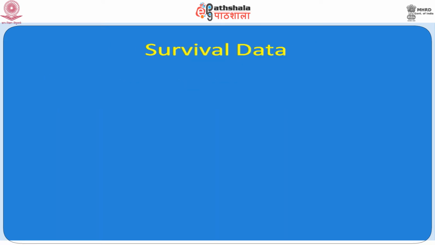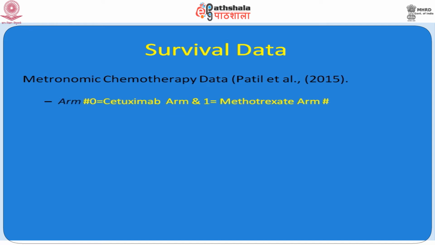This survival example data is taken from the paper on metronomic chemotherapeutic trial data published by Patil et al. in 2005. This is a partial data set from that paper, where arms are denoted as 0 for the cetuximab arm and 1 for the methotrexate arm.